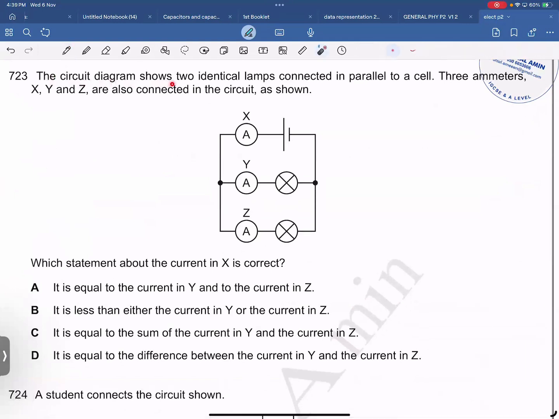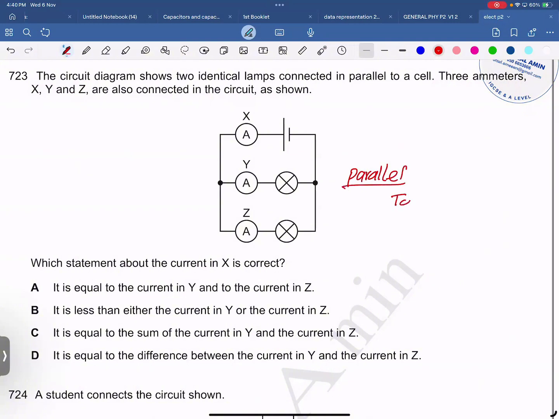Question number 23. The circuit diagram shows 2 identical lamps connected in parallel. 3 ammeters, X, Y, and Z, are connected in the circuit. Which statement is correct? This is very easy. This circuit is parallel.